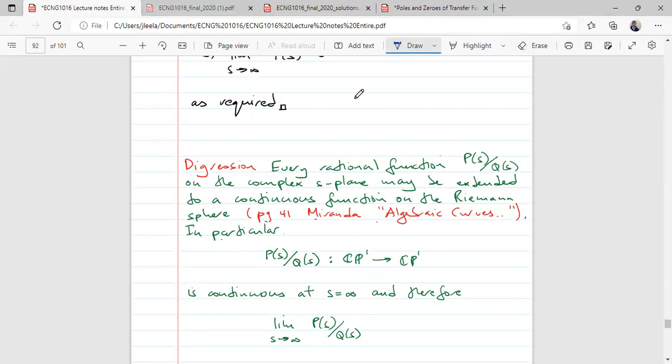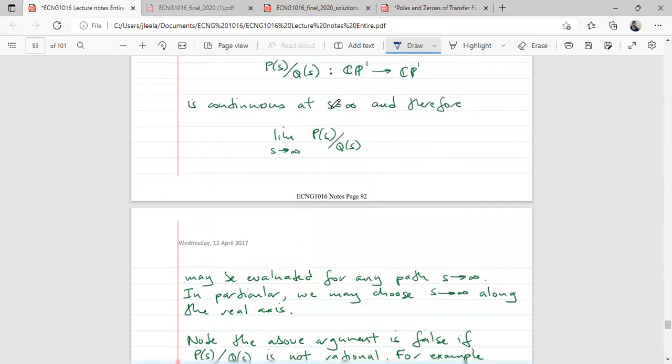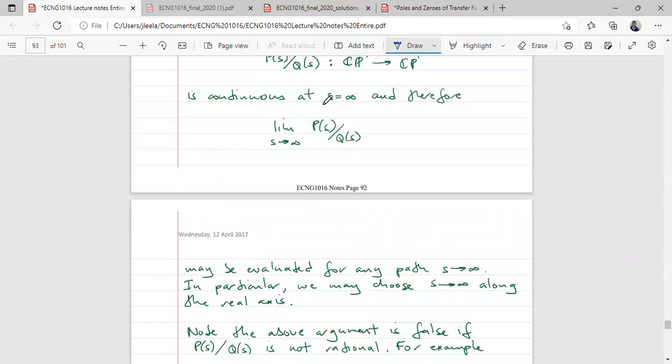In particular, P(s) over Q(s) is continuous at s equal infinity, and therefore the limit of P(s) over Q(s) as s approaches infinity may be calculated for any path s approaching infinity.